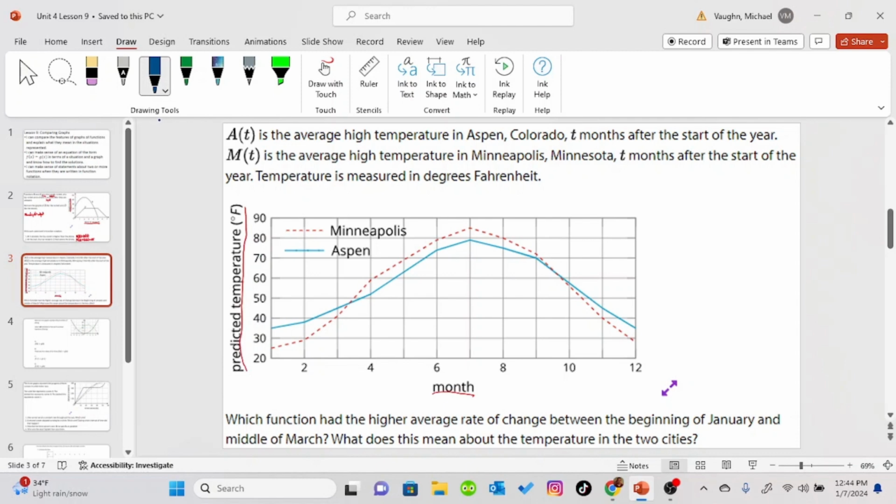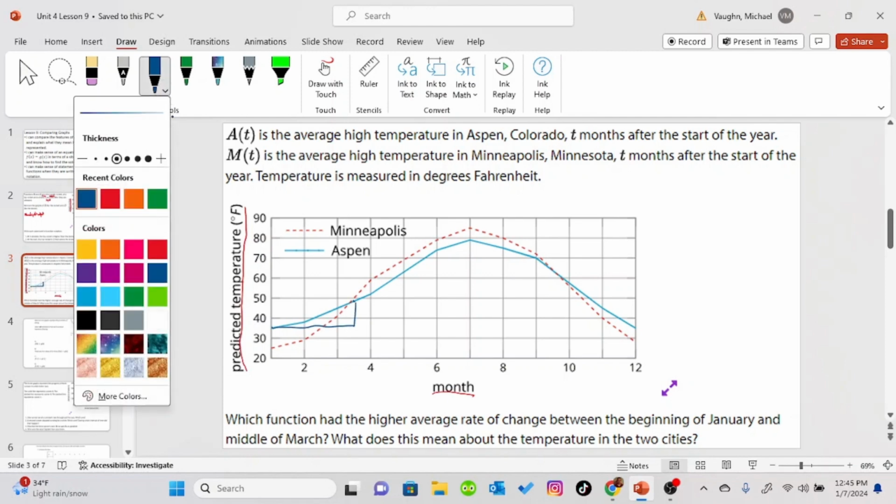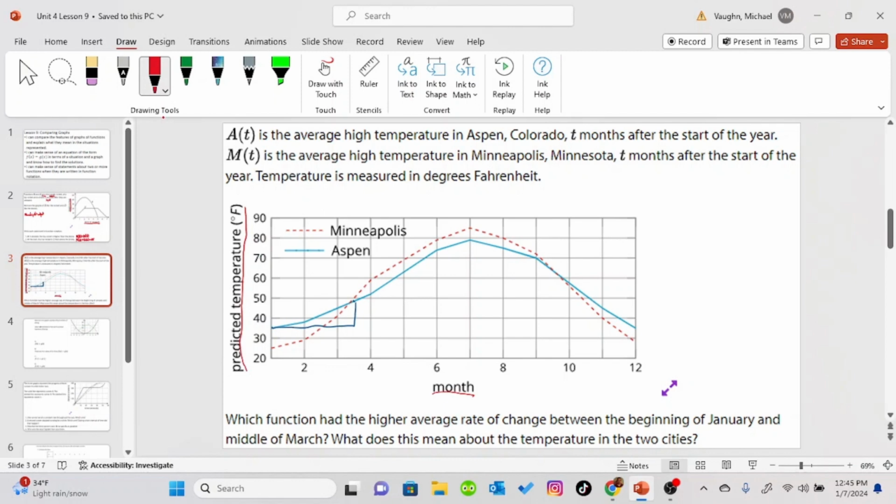So, from January until middle of March, we're looking at this change right here. And for Minneapolis, the red line, we are looking at the change from here until here.